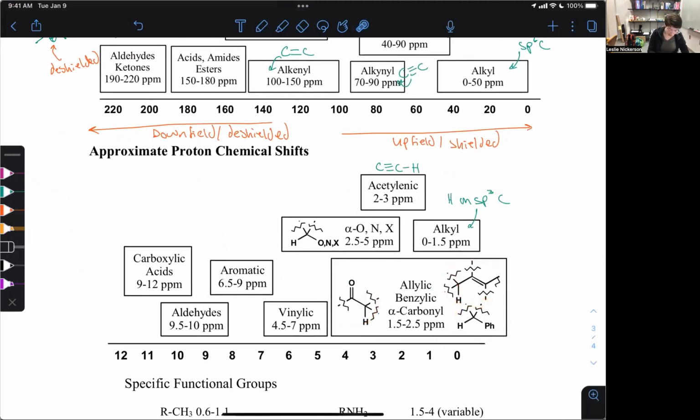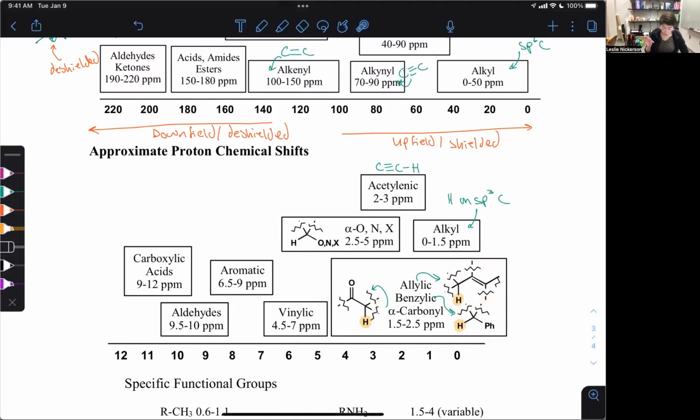We're talking about the H on the carbon next to a carbonyl, next to a benzene ring, or next to a pi bond. We've got our allylic right there, benzylic there, and alpha to carbonyl there.